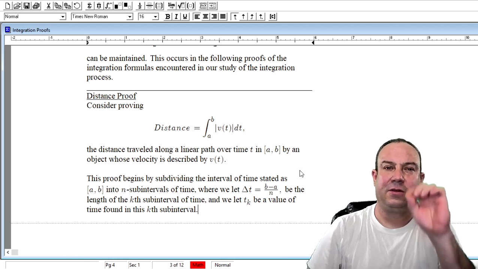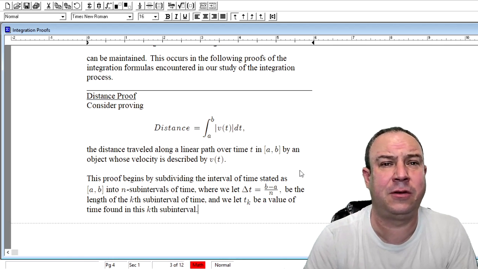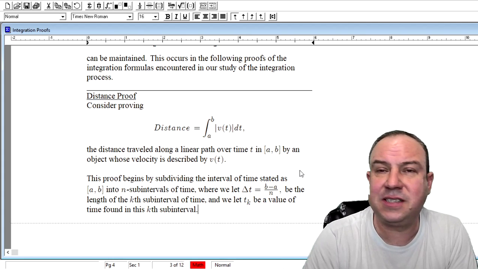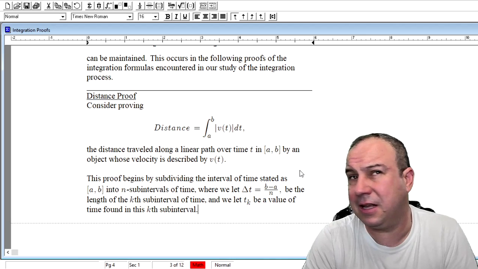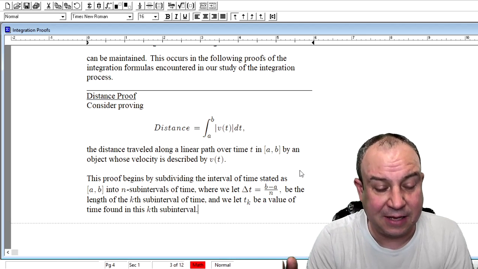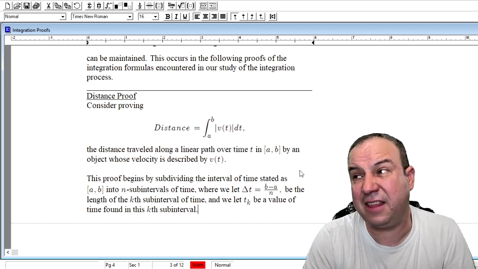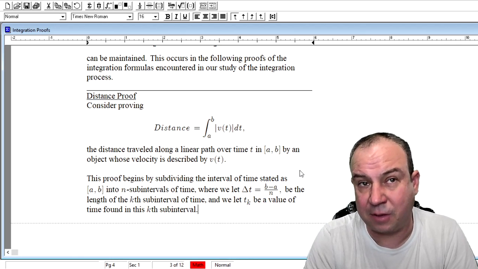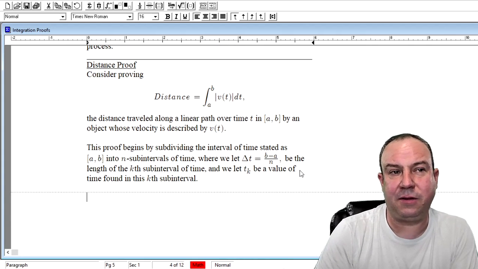All right? T sub k would just represent those values. Now remember, t sub k can actually be any value in those subintervals. We pick some consistent ones to sometimes aid in our calculation, but in theory it can be any value in the kth subinterval for the n subintervals. So the proof begins by starting there.